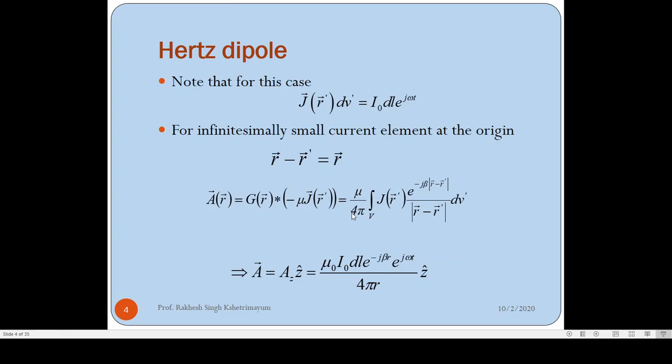But now we'll consider the case for the Hertz dipole, which is an infinitesimally small current carrying element. What was the amplitude of the current? I naught. Time variation was exponential j omega t. What is the length? The length is dl, so J(r') dv' will be replaced by I naught dl exponential j omega t.